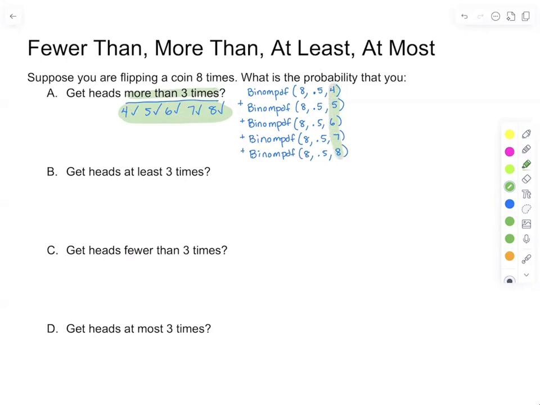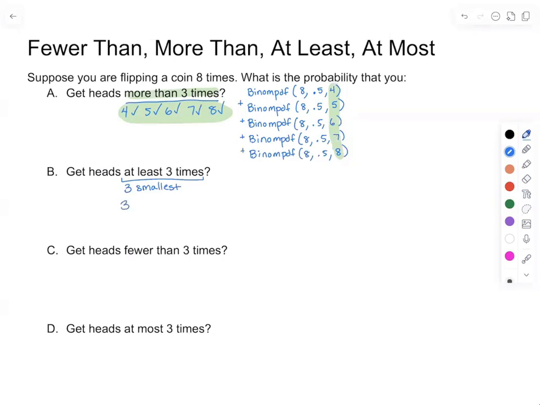Now let's look at the other ways this can be worded. So the next one is, what's the probability that we get heads at least 3 times? At least 3 tells me that 3 is the smallest number I care about. 3 is the least of my numbers.